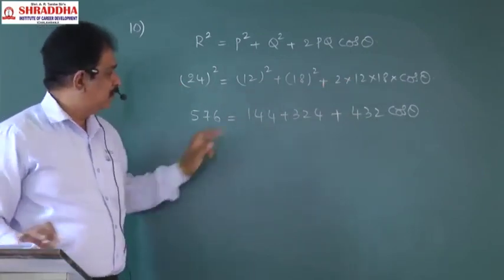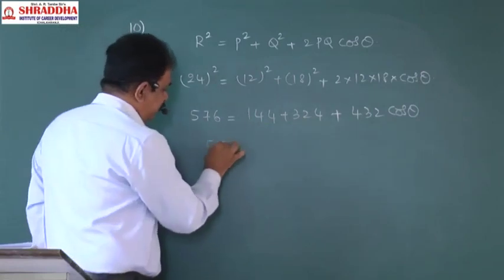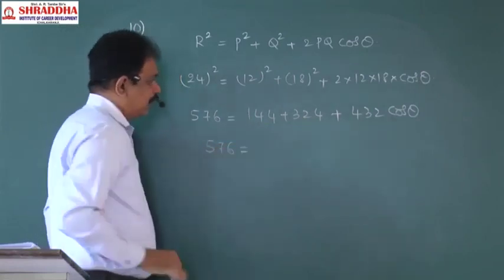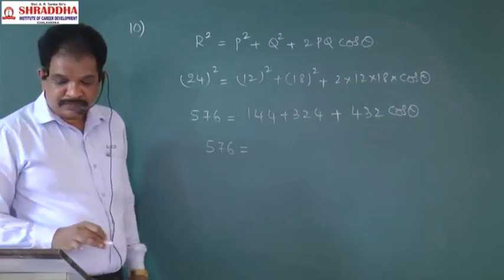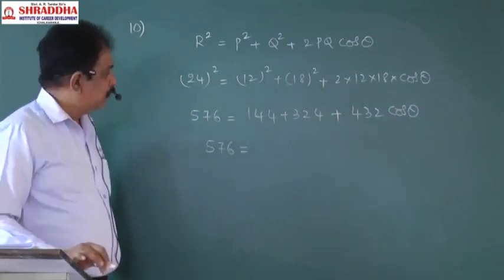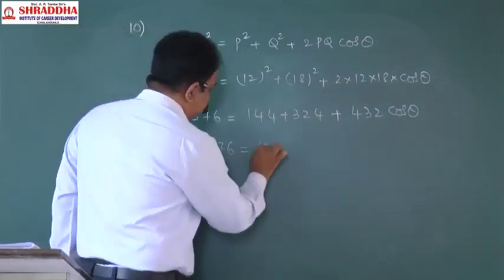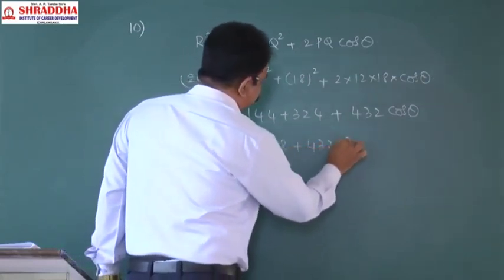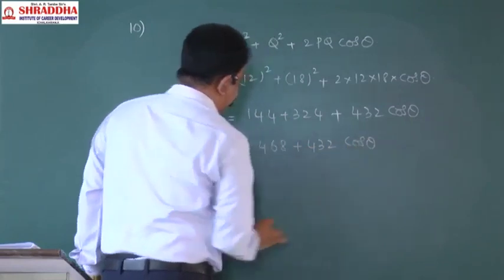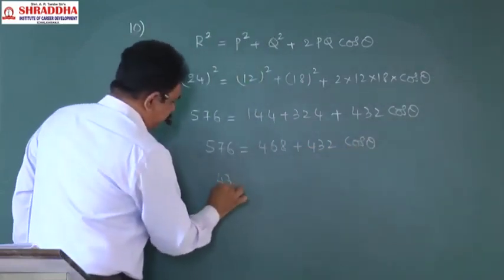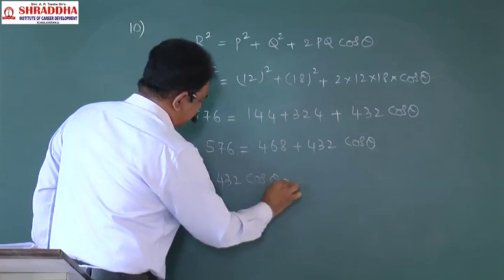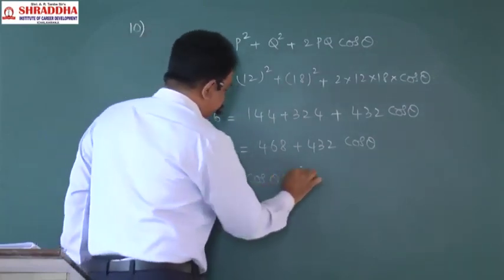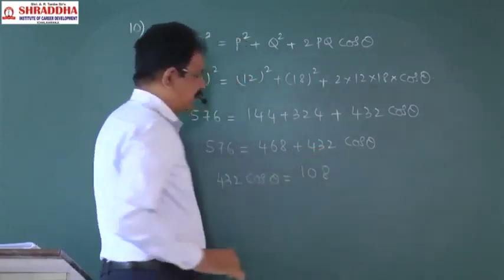This sum, how much do you see? 576 is equal to 468 plus 432 cos theta. 432 cos theta is equal to 108.